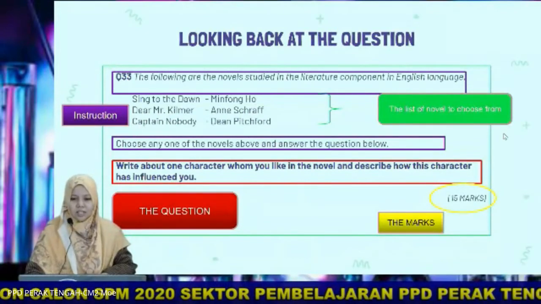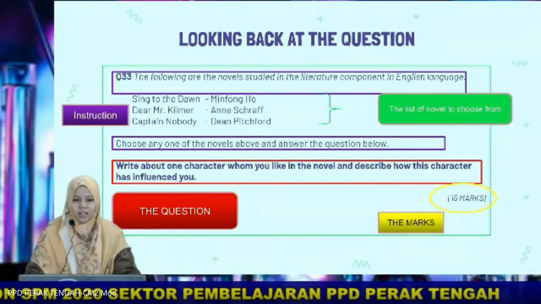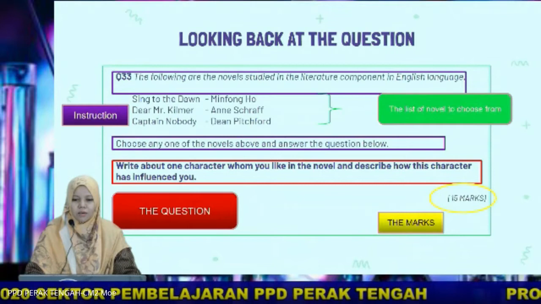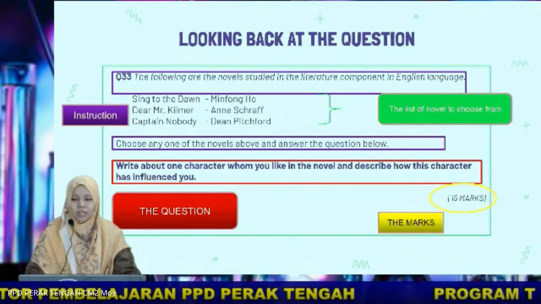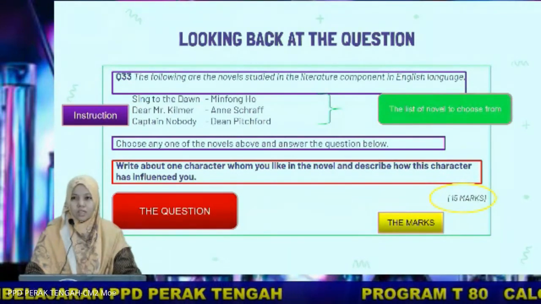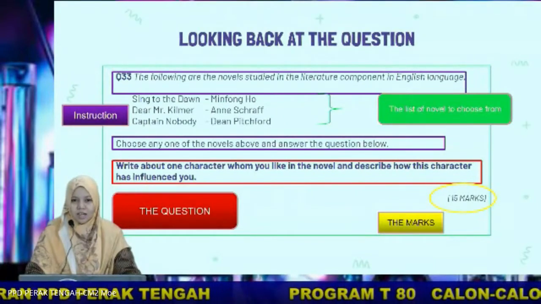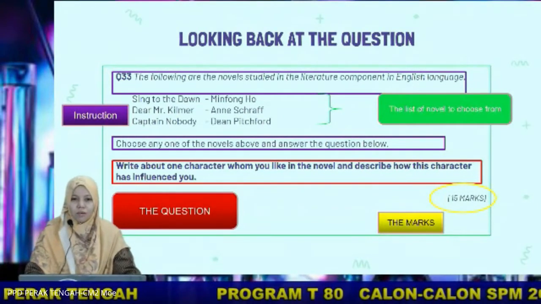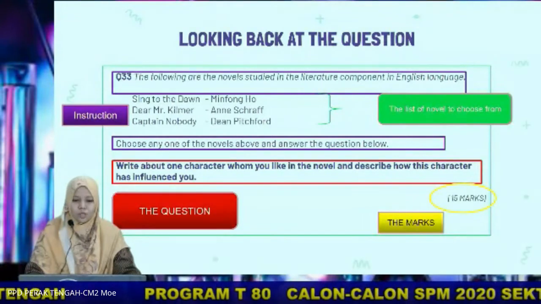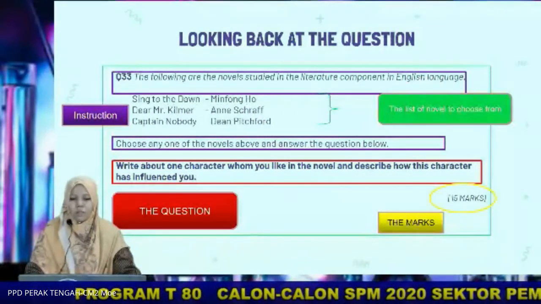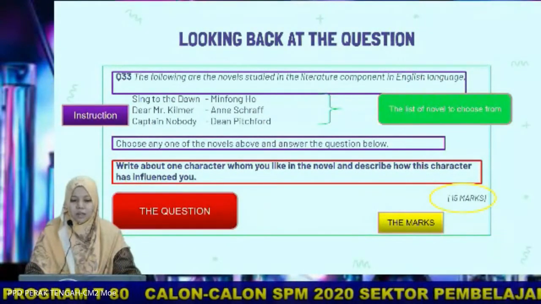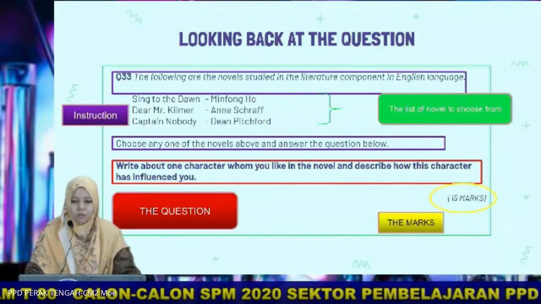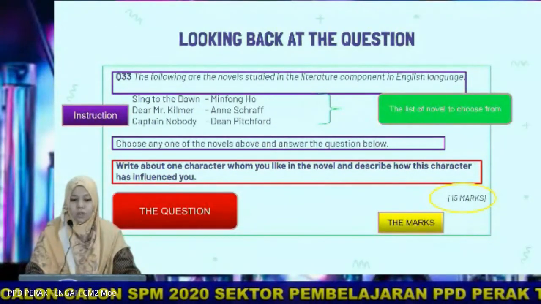Okay, so these are the questions. The following are the novels studied in the literature component in English language. You have the list of novels there: Sing to the Dawn by Min Fong Ho, Dear Mr. Kilmer, Captain Nobody, and you have to read the questions carefully.